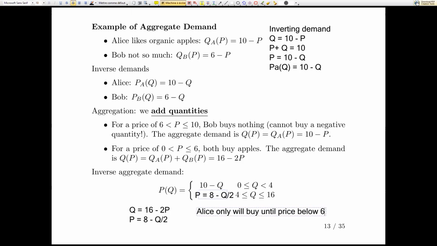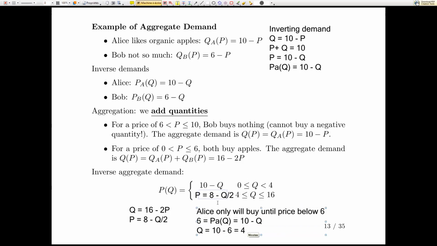So 6 equals PA of Q, which is 10 minus Q. Then you get that Q equals 10 minus 6, equals 4. So that gives you the range there.